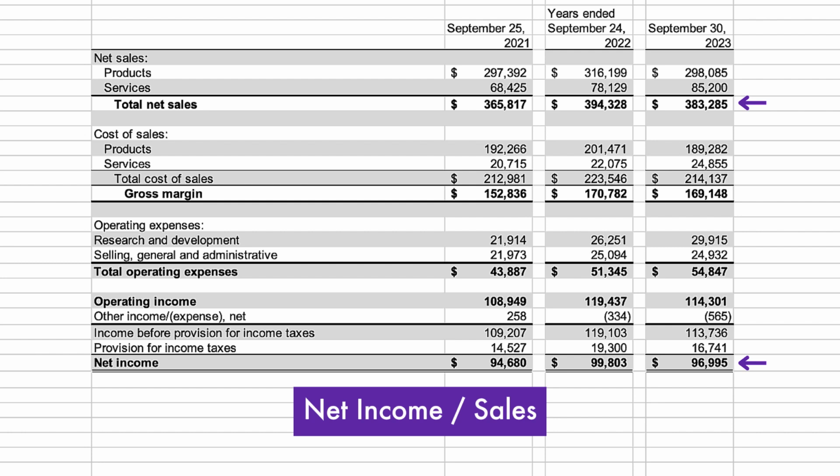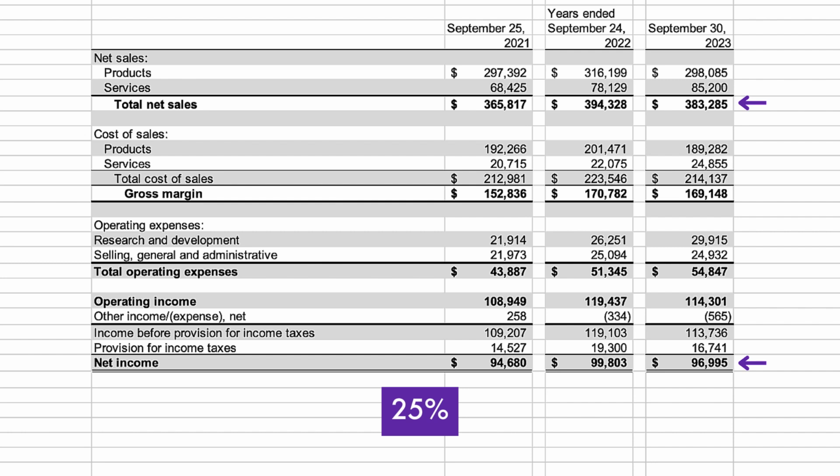So if we look at that, the net income divided by sales is $96,995 divided by $383,285, and you get roughly 25% if you round it to the nearest percentage. So that basically means that for every dollar that they make in revenue, at the end of everything, they get to take home 25 cents in net income.